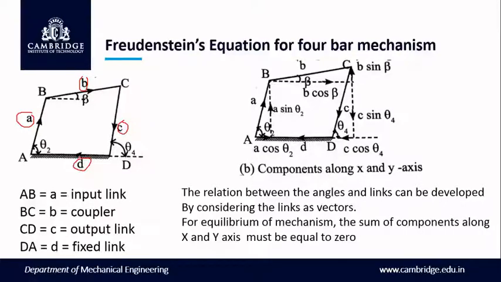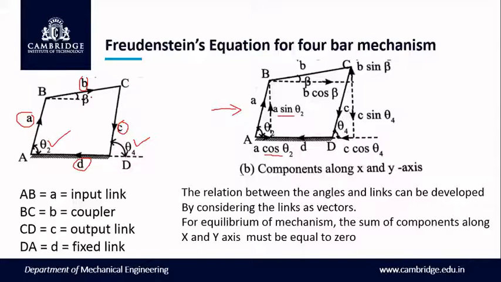Now, if we take the components along x and y axis, we need to refer to this diagram. If you consider the input link at an angle theta 2 and output link at an angle theta 4, then the corresponding components along x and y axis are a cos theta 2 and a sin theta 2, which are adjacent and opposite.